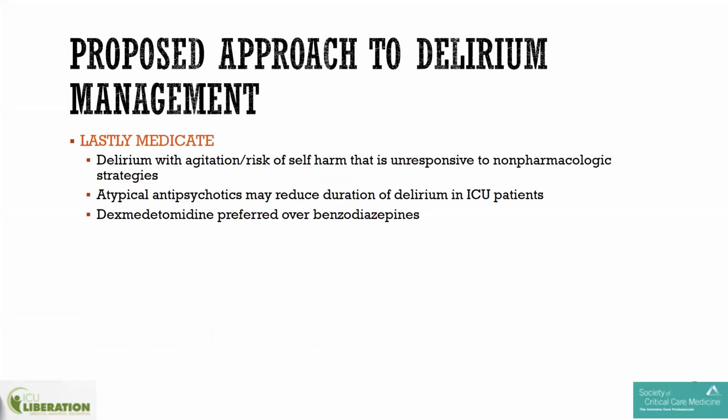And the last step would be medication. So my take home point from all this is just because someone has a positive CAM-ICU score or they're screening positive for delirium doesn't necessarily mean you jump to medication. That tends to be the last step on your algorithm. And really the biggest indication for medical management of these patients is when there is acute agitation or risk for self-harm.